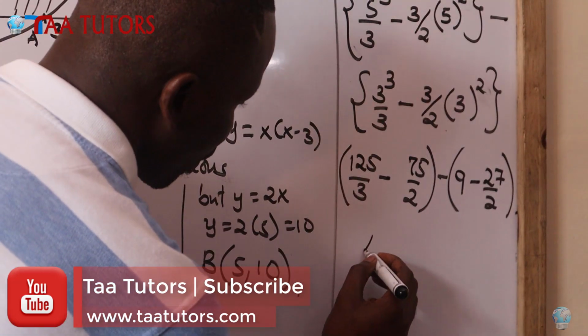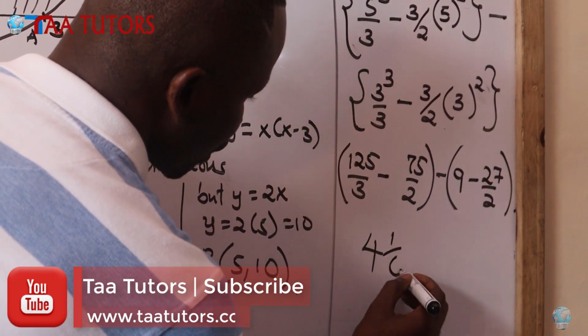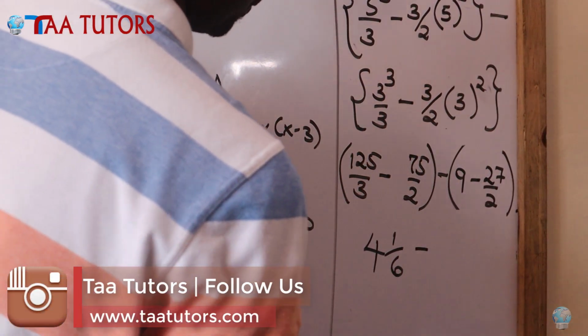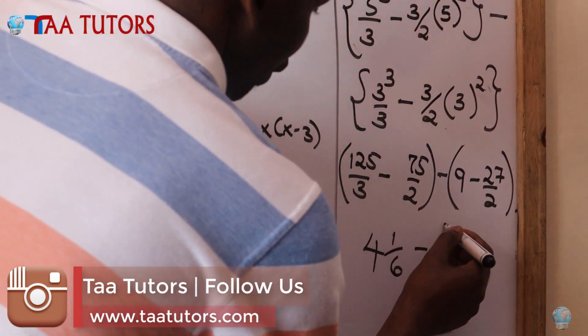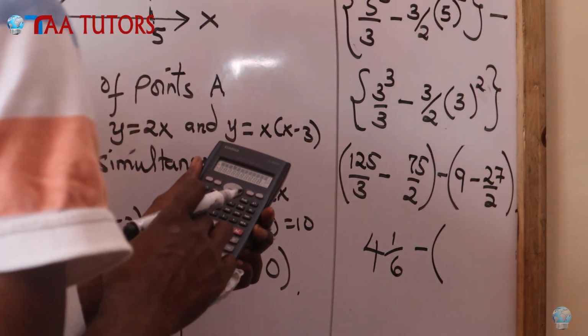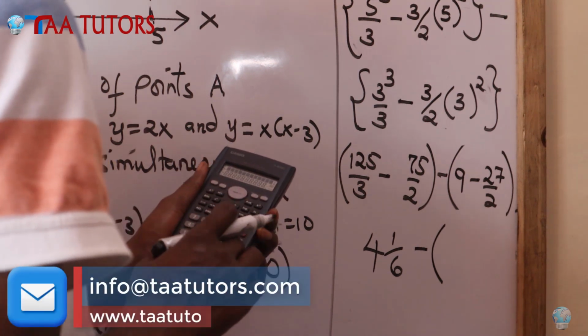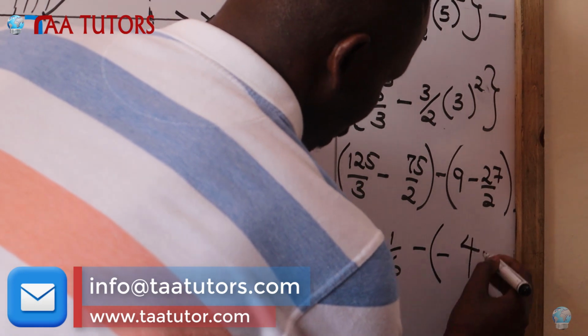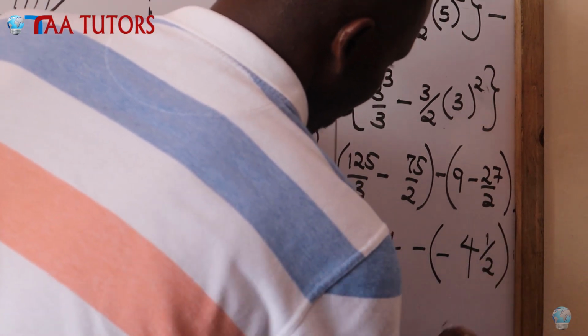That is minus 4 and 1 over 6. Obviously this I expect to be negative. 9 minus 27 over 2 is going to be minus 4 and a half.